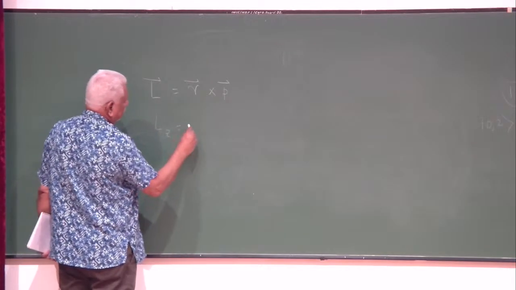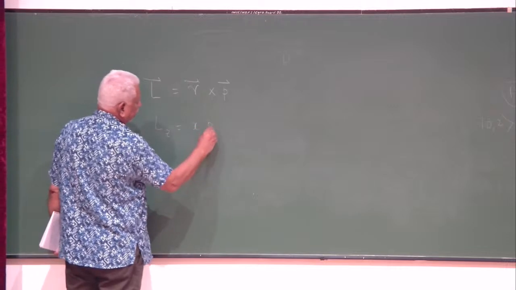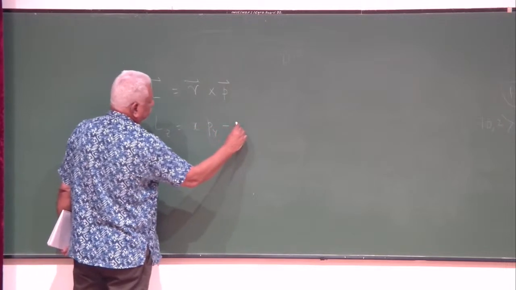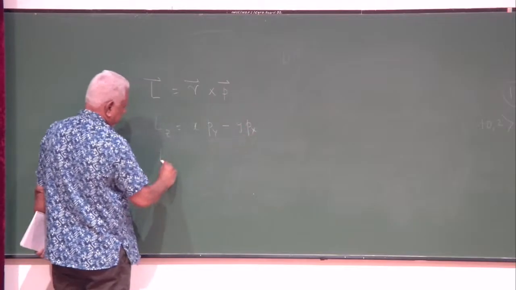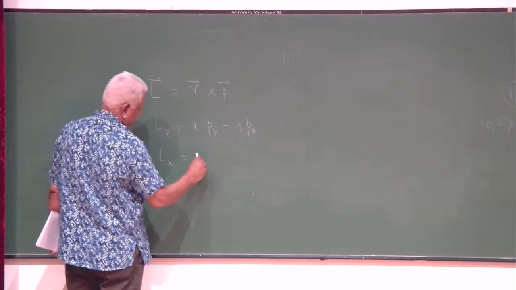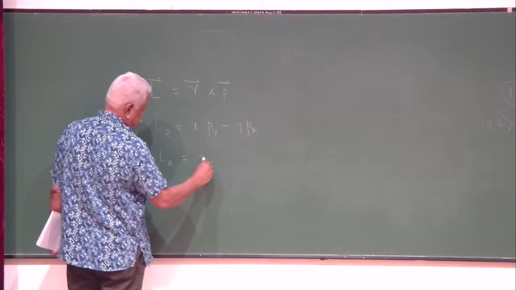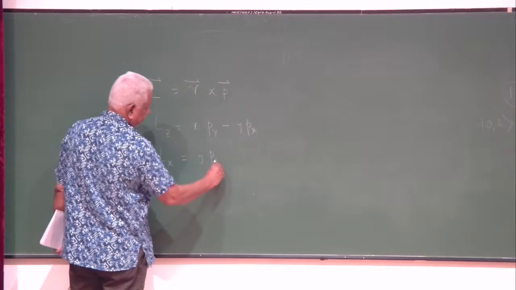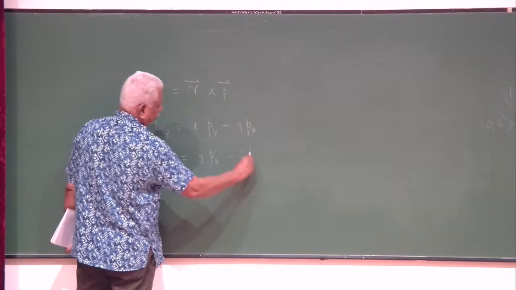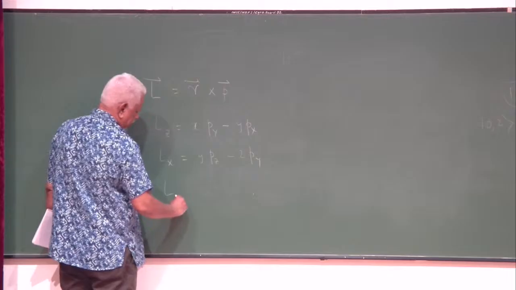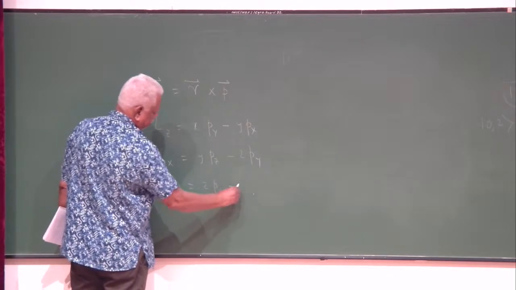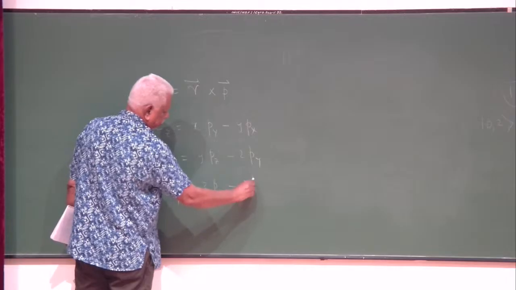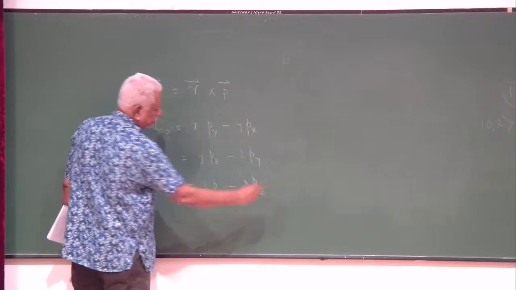Lz is going to be x py minus y px, and Lx is going to be y pz minus z py, and Ly is going to be z px minus x pz. These are the operators.